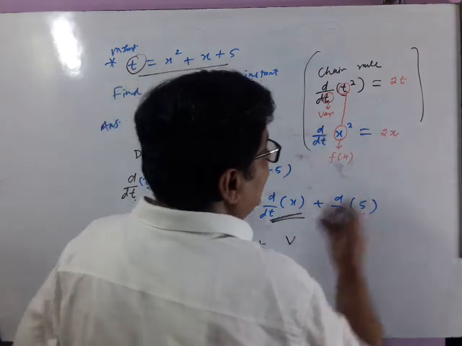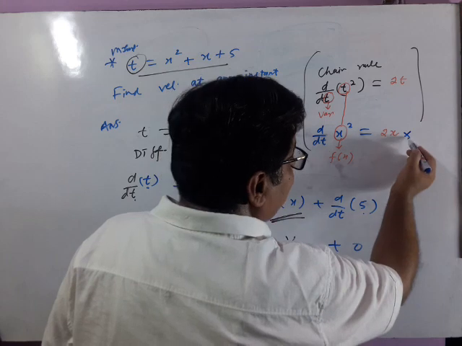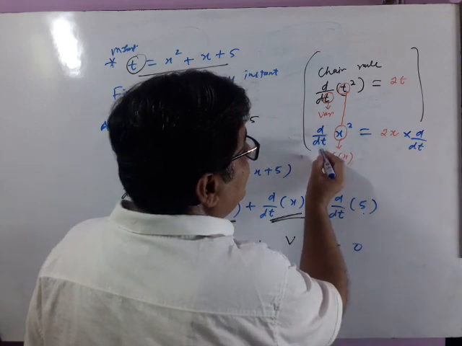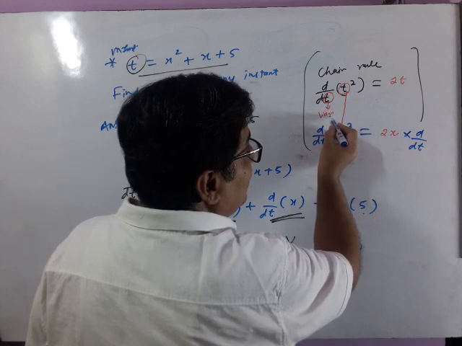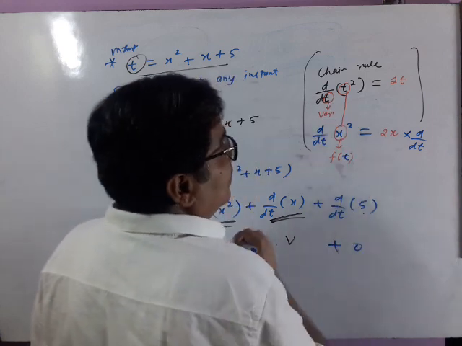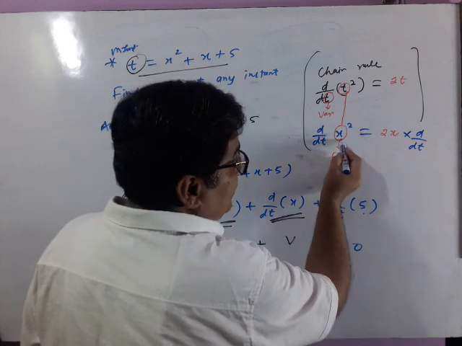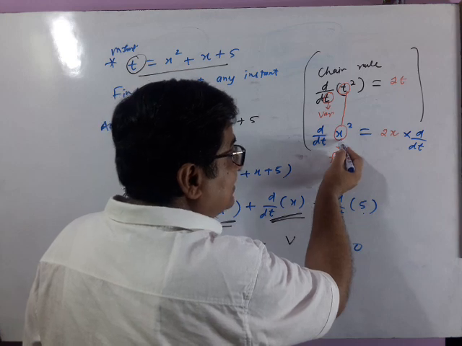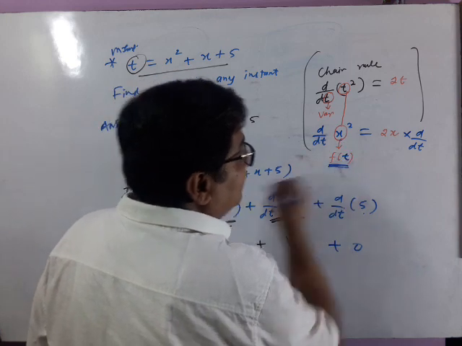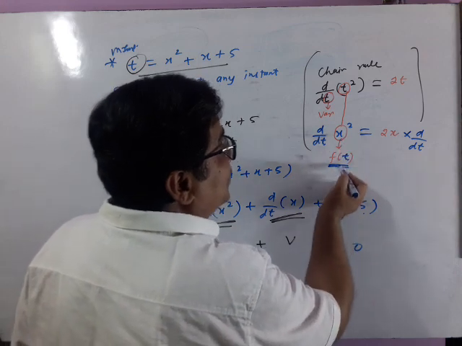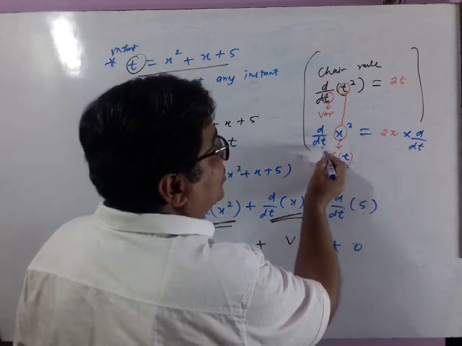Now apply the third point of the chain rule concept. Multiply by differentiation of the function of x. Now see, our variable is time. In this case we should say it is a function of time. If this x is constant, differentiation with respect to time will be 0. But this x is depending upon time. When x is depending upon time, we will say x is a function of time since our variable is t.